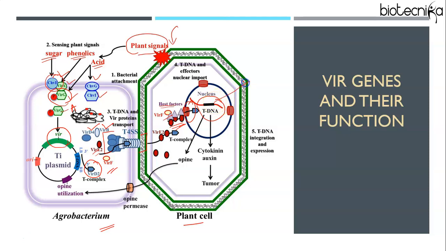This is a kind of recombination. We call it illegitimate recombination, which is known as non-homologous recombination. So if you are clear with the virulence genes and their functions, you will definitely be able to click on the answer for this question.